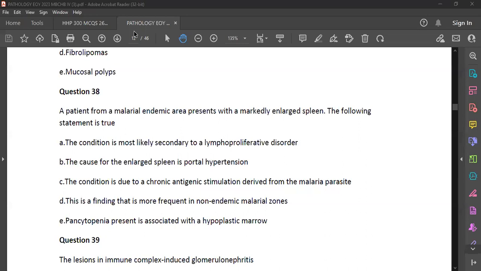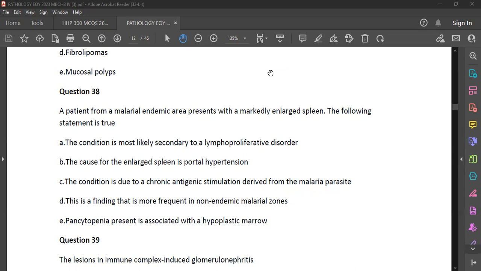Question 38. A patient from a malaria endemic area presents with a markedly enlarged spleen.